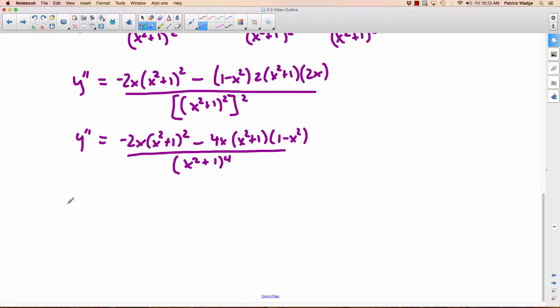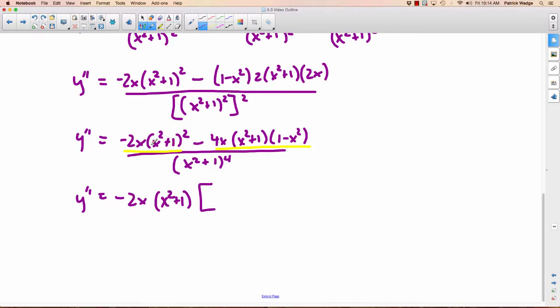So here's where you can take out a greatest common factor, where the two things you're looking at are this bit and this bit. I see I have a negative 2x here and a negative 4x here. So I could take out a negative 2x, and then have x squared plus 1 squared and x squared plus 1. So you could take out x squared plus 1. That's my greatest common factor. What do I have to multiply all that by to get this first bit here?